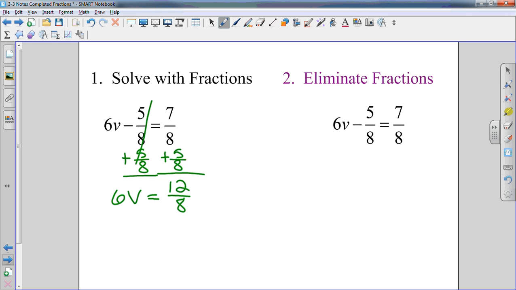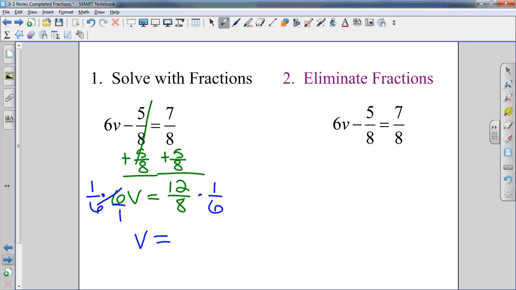Now remember, I could divide both sides by 6, but I have a fraction on this side. So what's another way to get rid of that 6? Put a 1 underneath it and multiply both sides by 1/6. Then these cancel and I'm just left with b.